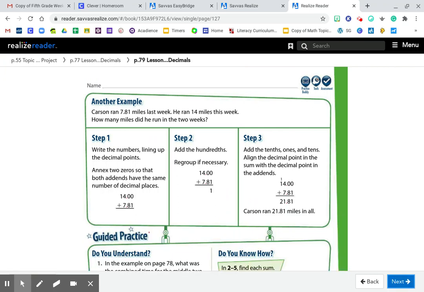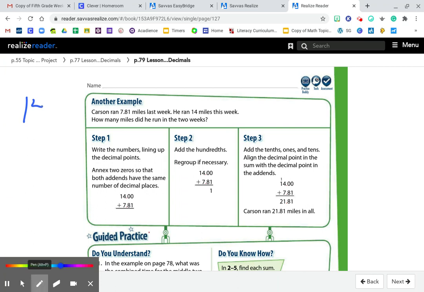Carson ran 7 and 81 hundredths of a mile last week. He ran 14 miles this week. How many miles did he run in the 2 weeks? And this is where we need to make sure we remember to annex our zeros. Remember, we're lining things up by the decimal point and by place value. So when you find your two values, your addends are 14 and 7.81.